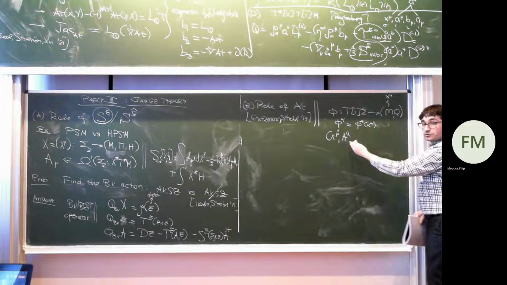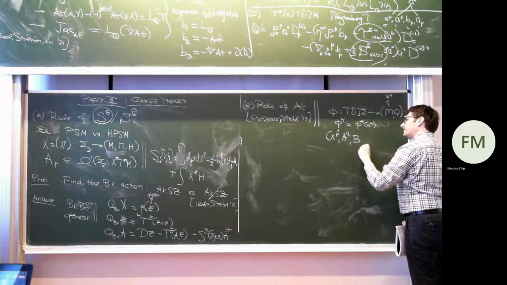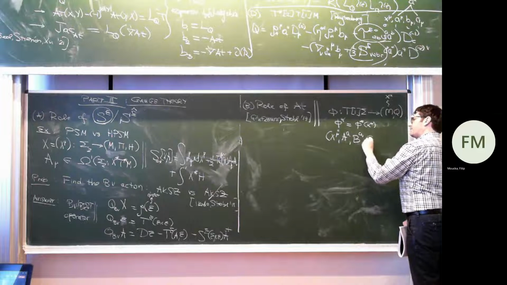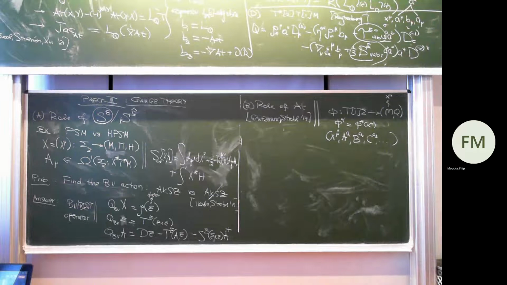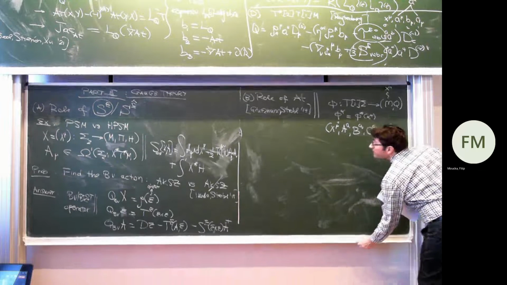So this is what we had in the Poisson sigma model, right? But you can have maybe even two forms. You can have three forms, and whatever. So let's be roughly general.